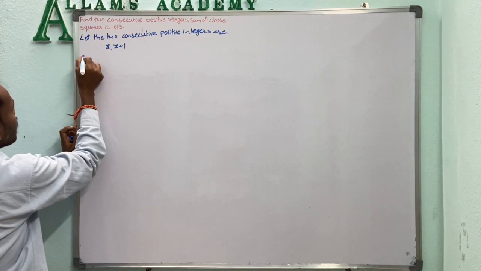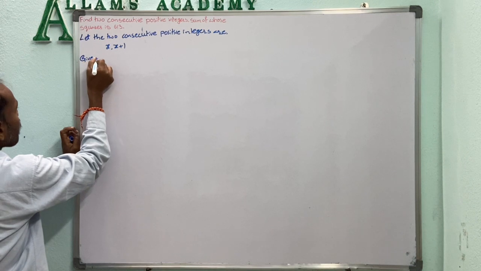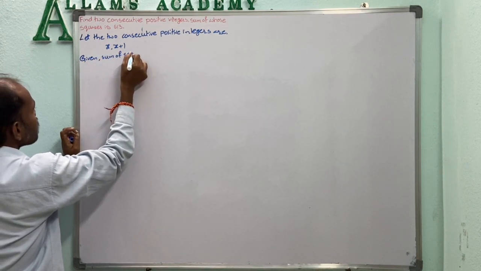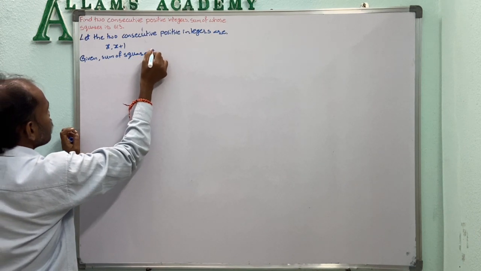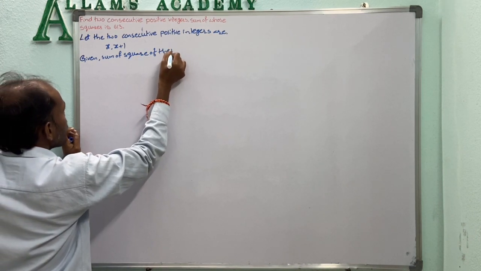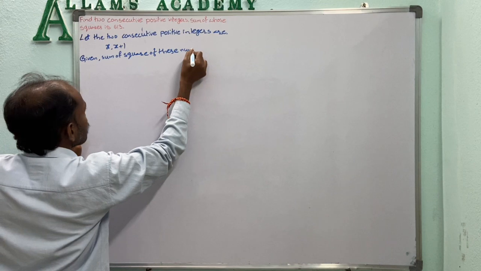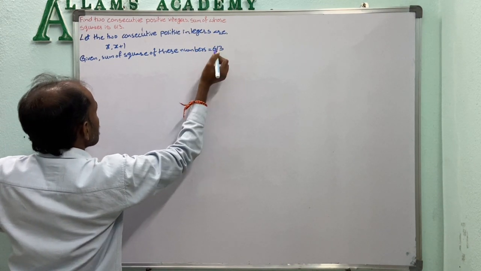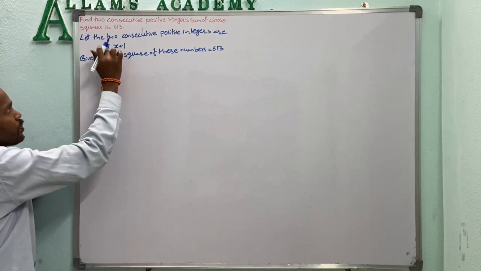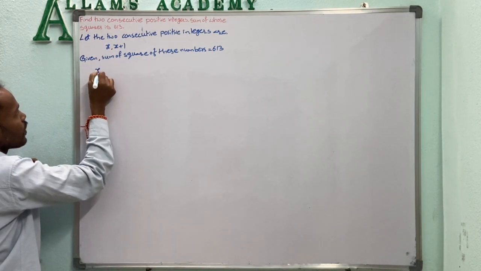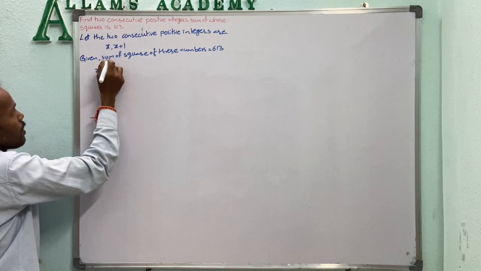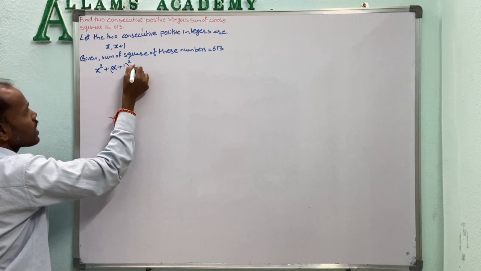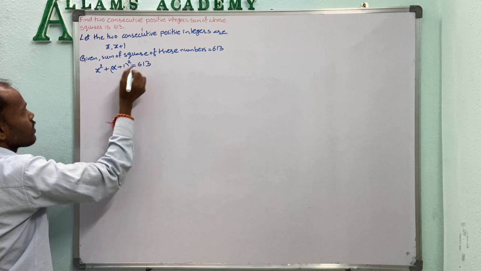So given, the sum of the squares of these numbers equal to 613. Now we square these two numbers, x square, and do the addition, plus x plus 1 whole square equal to 613.